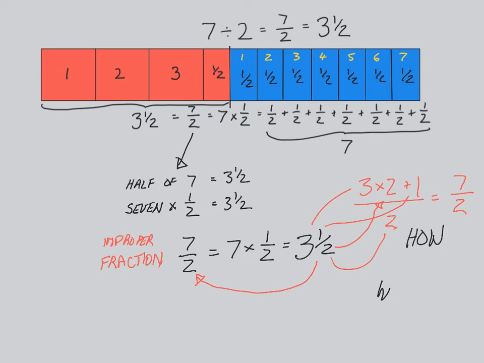But what about why? Well, this is where fun with 1 comes in. 3.5 is the same thing as 3 plus a half, which is the same thing as 3 divided by 1 plus a half.